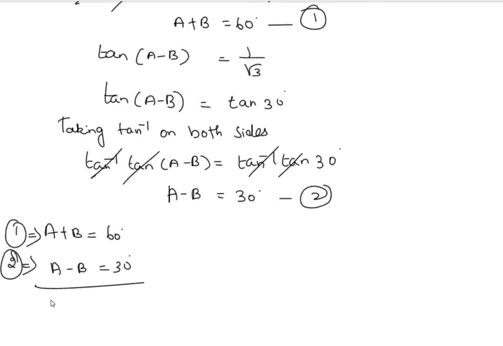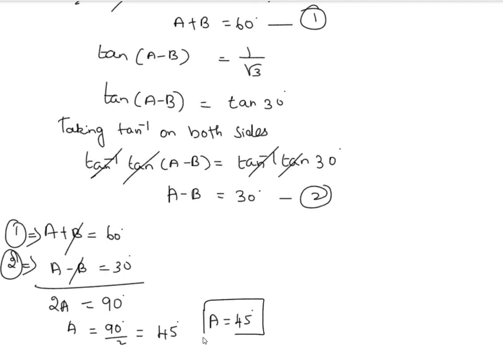When I add these two, A plus A is 2A, plus B minus B cancel, so 90 degree. 2A is equal to 90 degree, so A is equal to 90 degree by 2. I'll get 45 degree. So I'm getting A is equal to 45 degree. Substitute A is equal to 45 degree in any other equation, either 1 or 2.